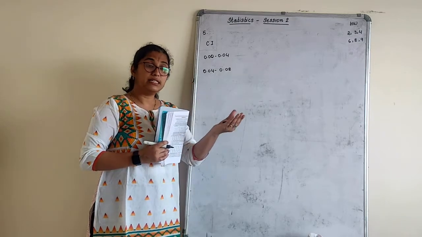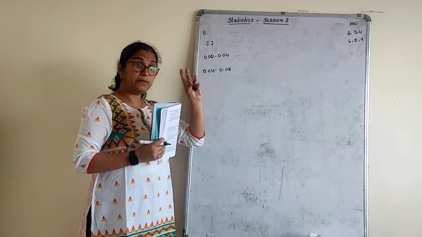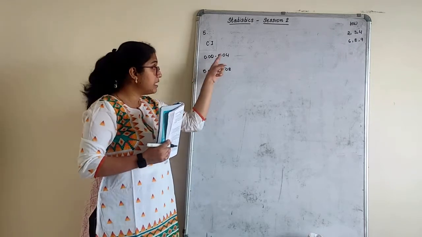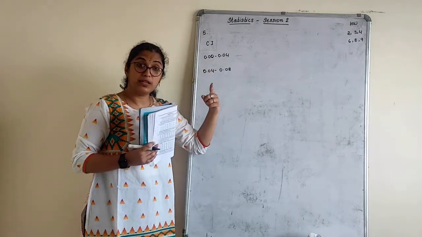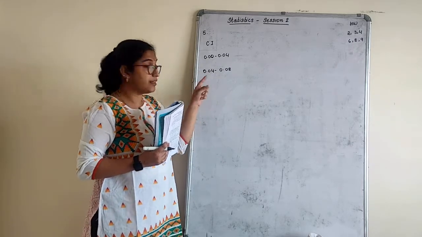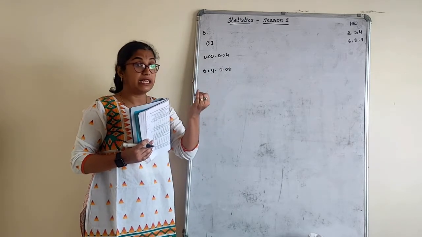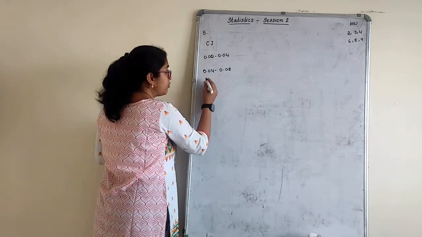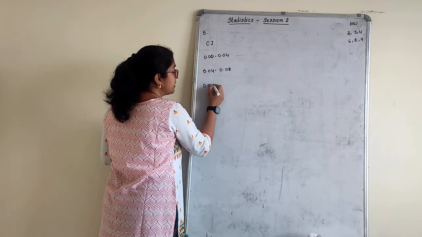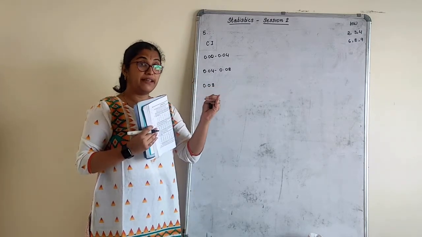How do you read? 0, 1, 2, 3, 4, right? That means 5 is the size, but this 4 is to be excluded, it is to be included in this, right? So the class size is 4 here. From here it is 4, 5, 6, 7, 8. Next, 0.08: count 8, 9, 10, 11, 12.